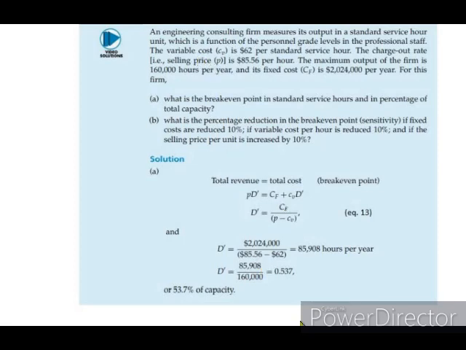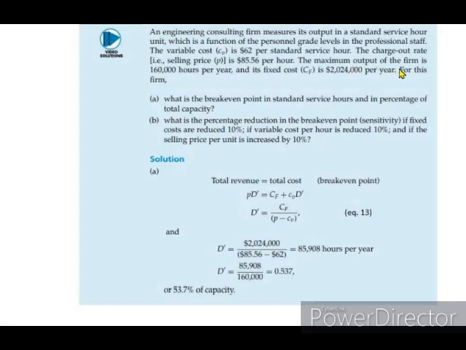So it is equal to 85,908 hours per year. This is now the break-even point in standard service hours. Now, we will get the percentage of total capacity. How do we get that? We just divide the break-even hours per year that we got by the number of hours per year that the firm is operating.